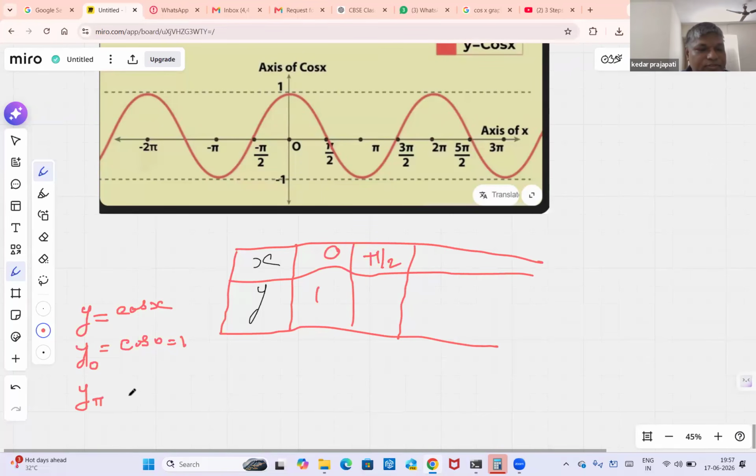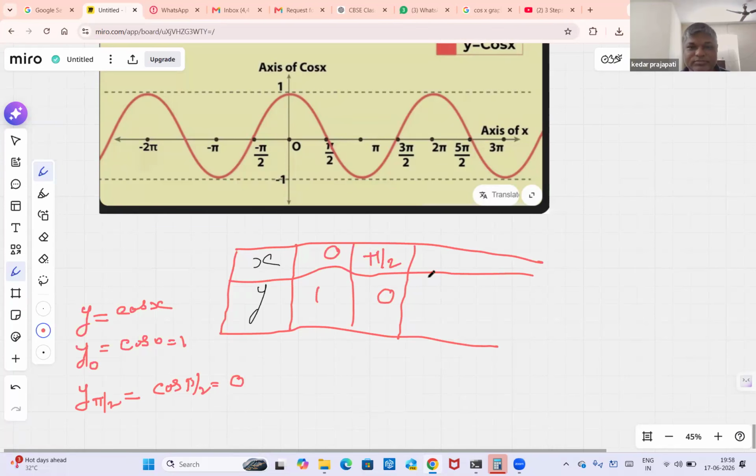When x is pi by 2, y is cos pi by 2, which is nothing but 0.